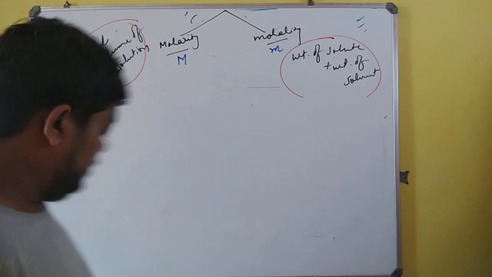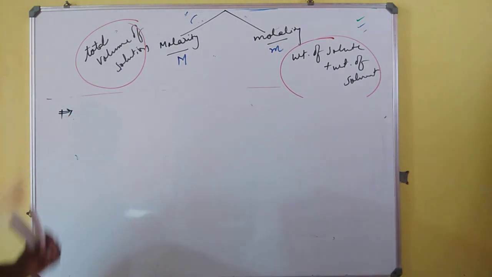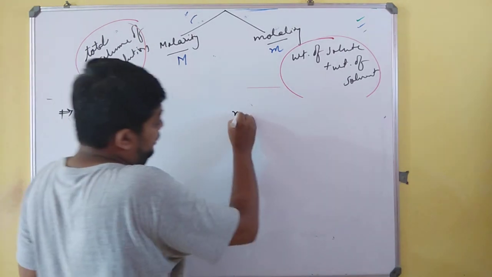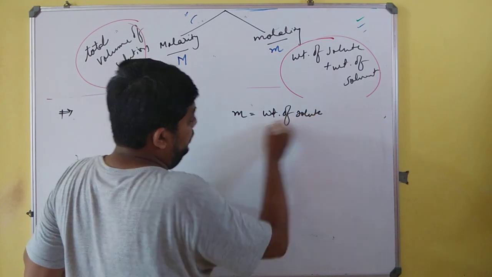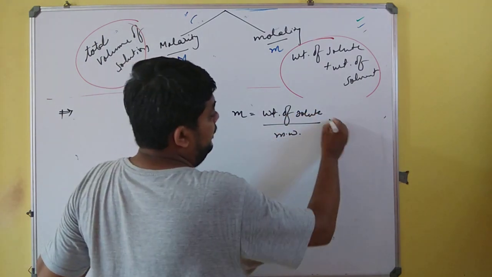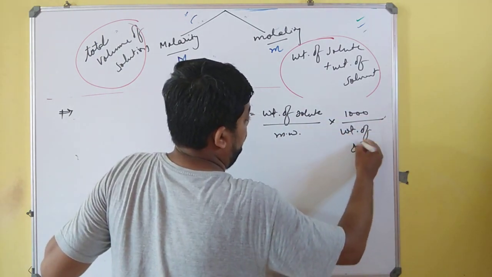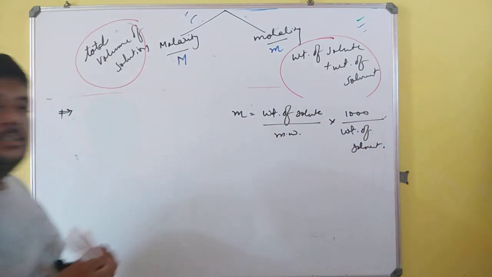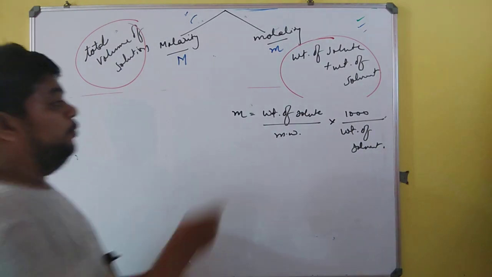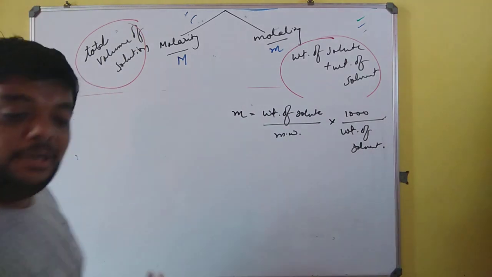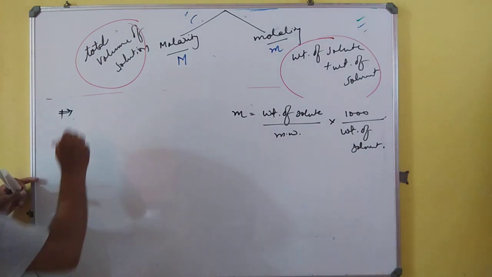Sometimes in this concept of molality, you need to look very carefully, because from the formula, molality is equal to weight of solute divided by molecular weight of solute multiplied by 1000 divided by weight of solvent, it is clear that if molality is given and one of these terms is to be determined, how would you solve it?